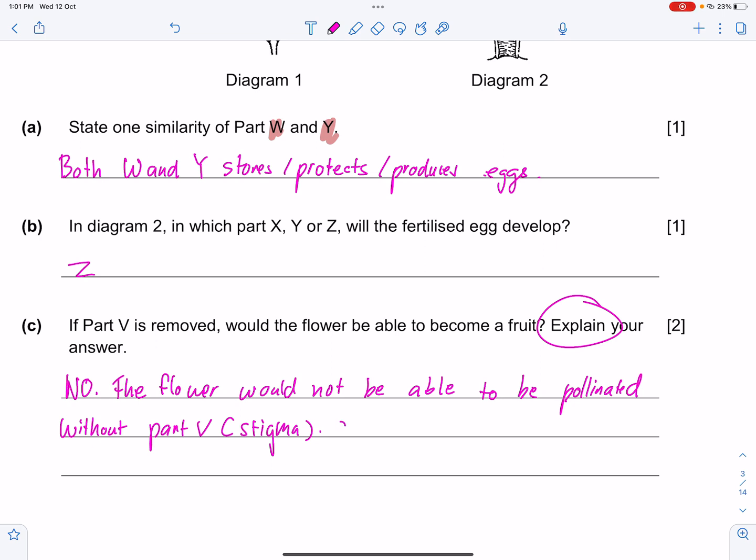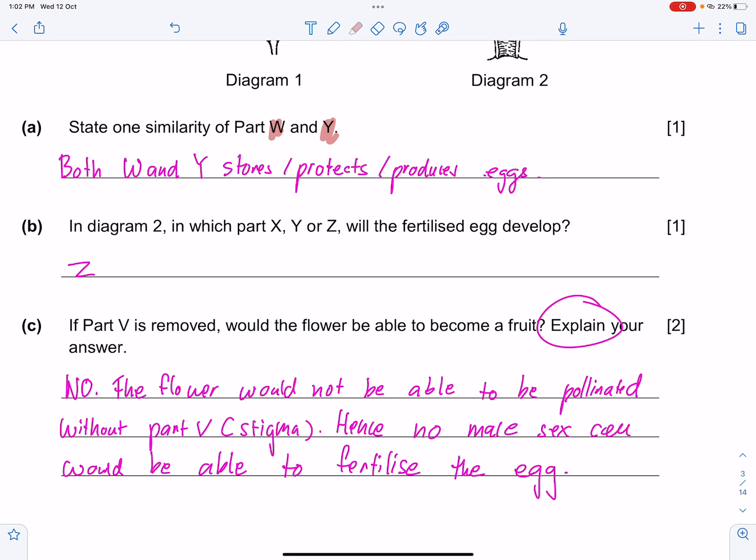Hence, no pollen grains or no male sex cell would be able to fertilize the egg.